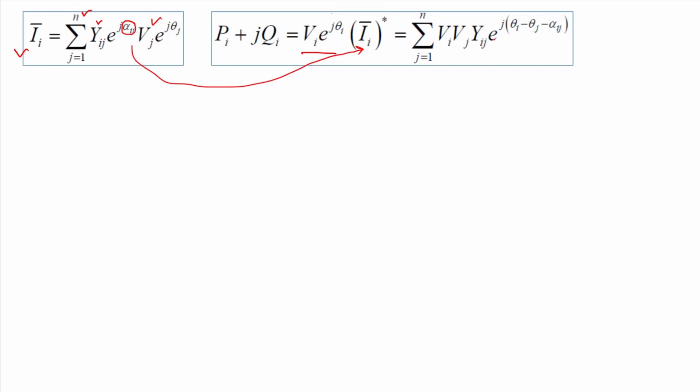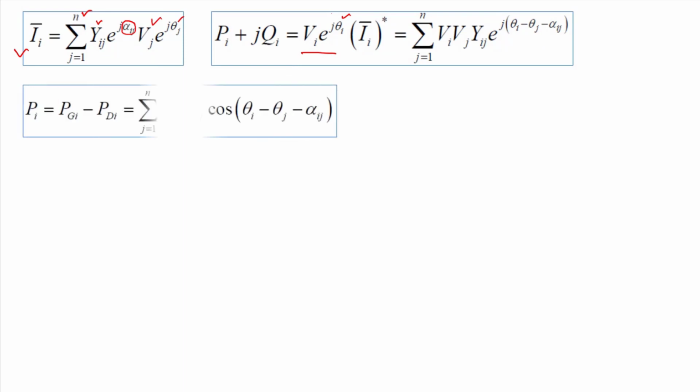Vi Vj Yij e to the power j theta will remain as it is because we have taken the conjugate, so therefore it will become minus j theta j, and minus j alpha ij. So therefore it is j of theta i minus theta j minus alpha ij, right? So this is a simple equation.